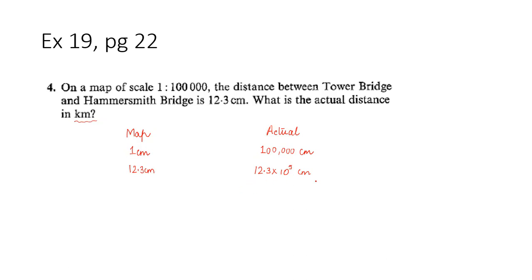So we just read that if we need to do this, I need to divide by 10 raised to the power 5 in order to convert it into kilometers, which gives me 12.3 kilometers. So that is the actual distance for the distance which is given on the map, otherwise as 12.3 centimeters. So there goes the final answer. Let's look at another question now.